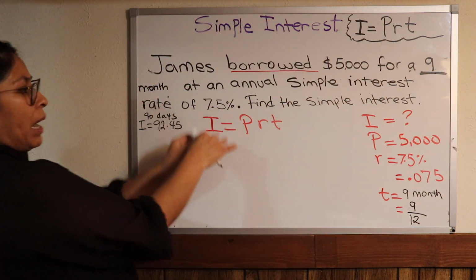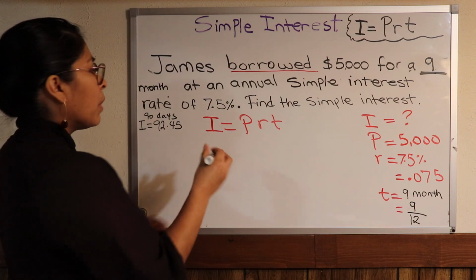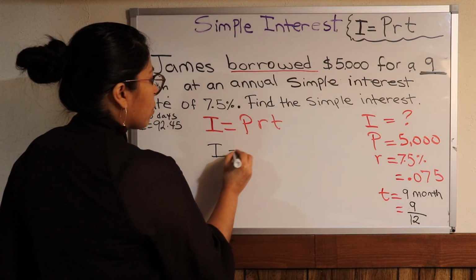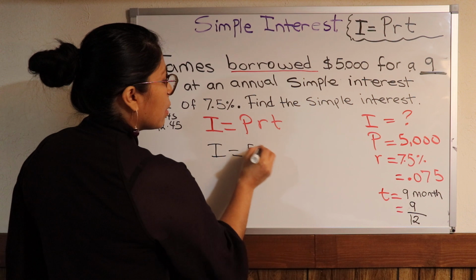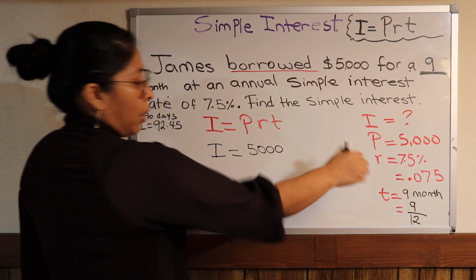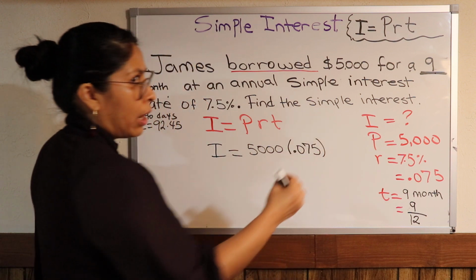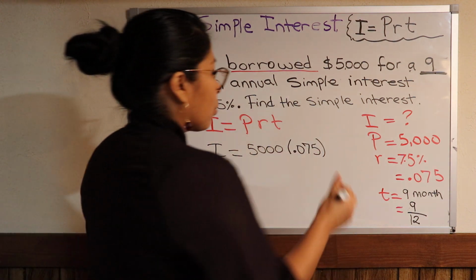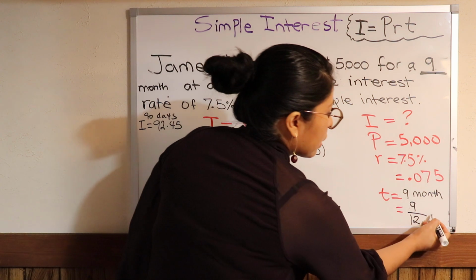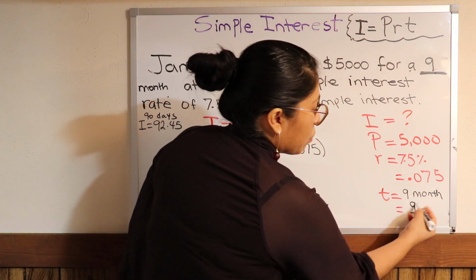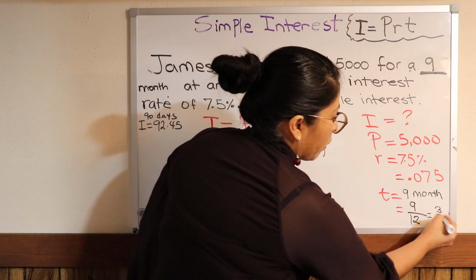Remember, we're going back into this equation and we're going to do the same. So it's going to be I equals 5,000 times 0.075, but now instead of 9 over 365, it's going to be 9 over 12. This is simple to simplify, so it's going to be divided by 3, it's going to be 3/4.